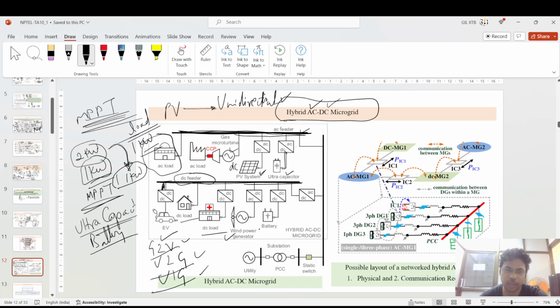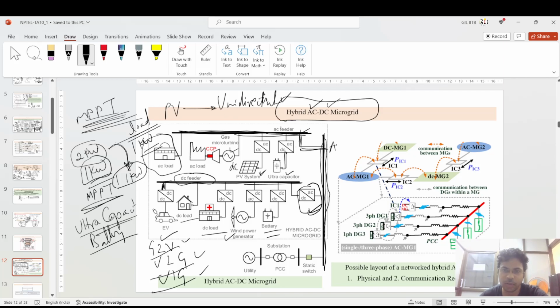Same with the DC load in homes and hospitals, and the wind power generation converting from AC to DC. Same with the battery. And after that you have the main grid. The main grid has a bus bar which is connected with this DC microgrid through a DC to AC converter.